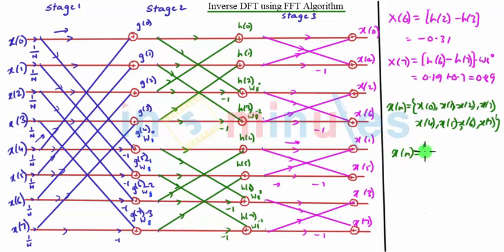X of n is equal to 1.69, minus 0.81, minus 0.31, minus 0.51, 0.69, minus 0.81, minus 0.31 and lastly 0.89. Thus we have found out the sequence by using the inverse DFT method and using the FFT algorithm.